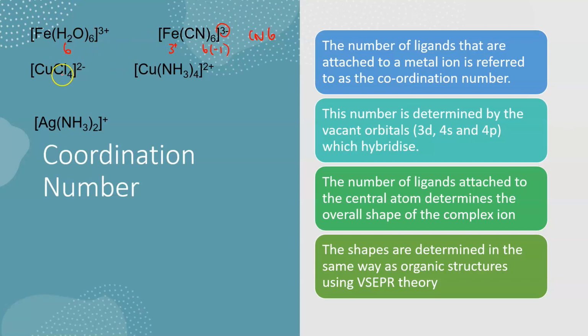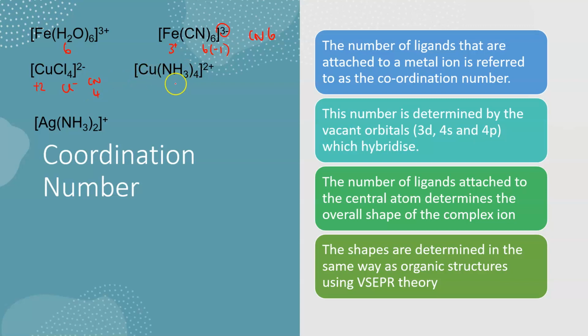With the copper chloride, remembering that chlorides each have a -1, with 4 of those, this means we would be at -4. At -2 here, we must have a +2 copper ion in this tetrachloro copper 2 complex that we see here, which would have a coordination number of 4.